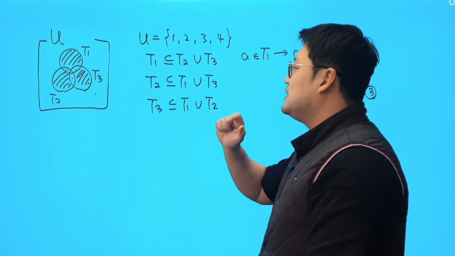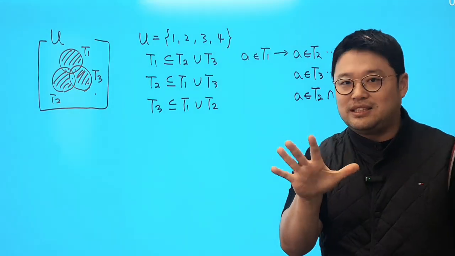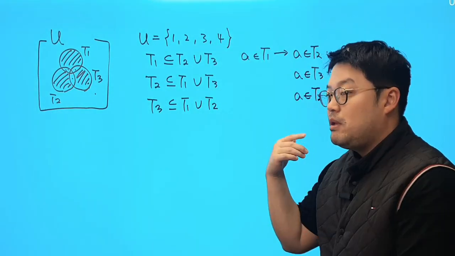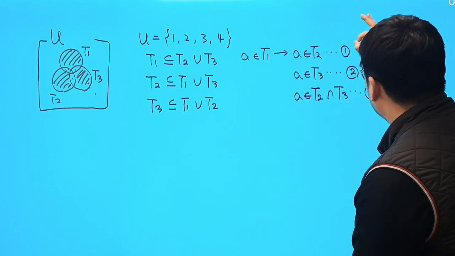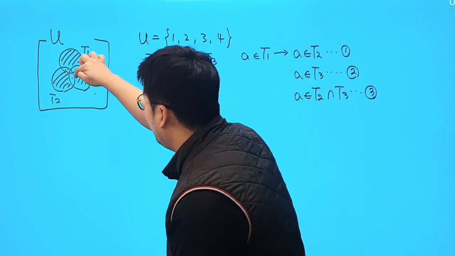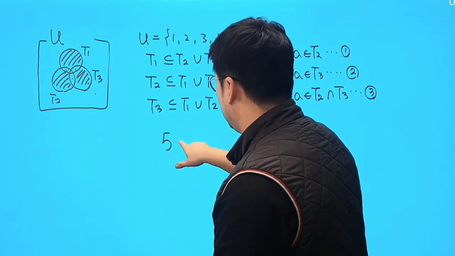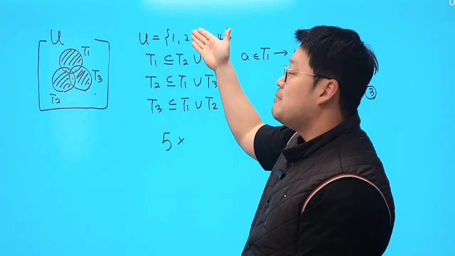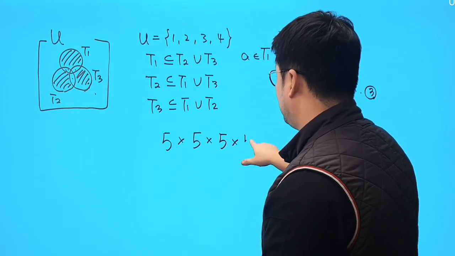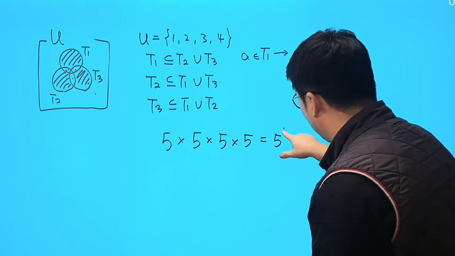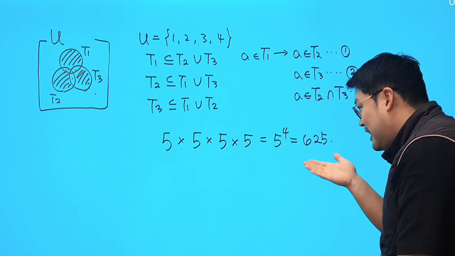So in other words, we have 5 different places where each of those elements can be placed: circle 1, circle 2, circle 3, circle 4, or circle 5. So there are 5 spots for number 1, one element, and another element we have 5 spots, and 5 spots, and 5 spots. So we get 5 to the power of 4. The answer becomes 625, and that shall be it.